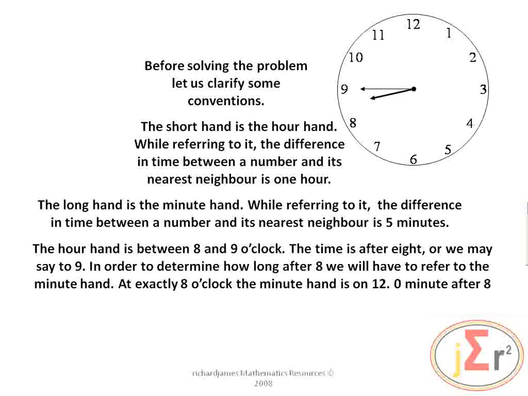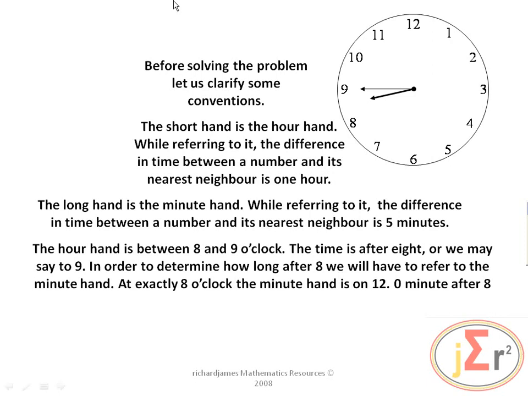In order to determine how long after 8, we will have to refer to the minute hand. At exactly 8 o'clock, the minute hand is on 12, which is no minute after 8.